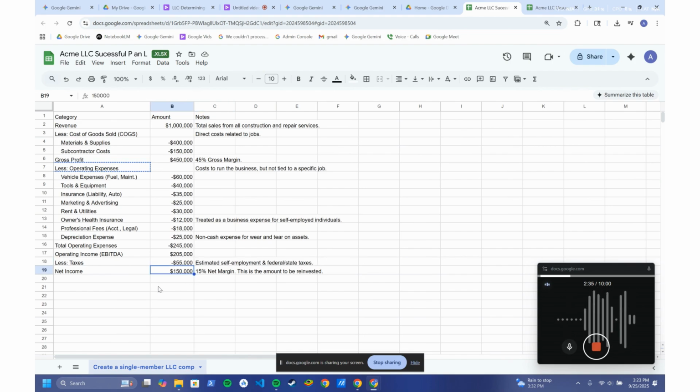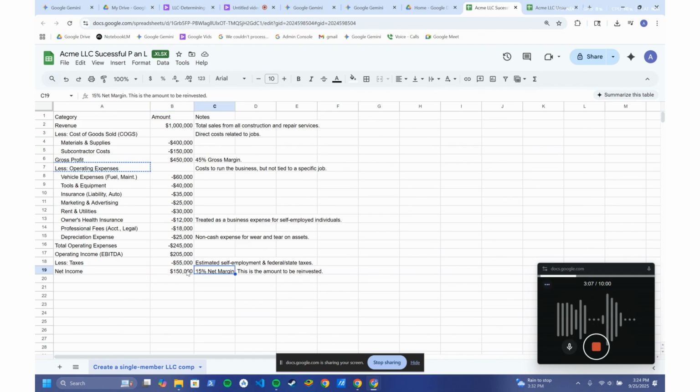So you want to make sure you're always having as much net income at the end of the year as possible, but going anywhere below 10% is usually suboptimal because if you invest your money in an ETF in the stock market, you'll end up getting approximately 10% returns, on average, as seen over the last 100 years.